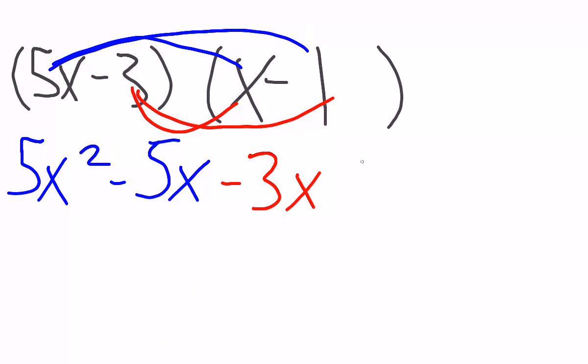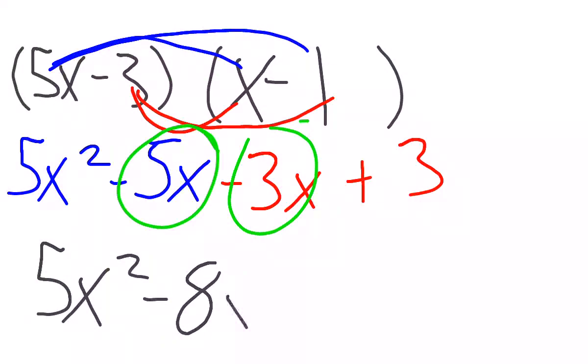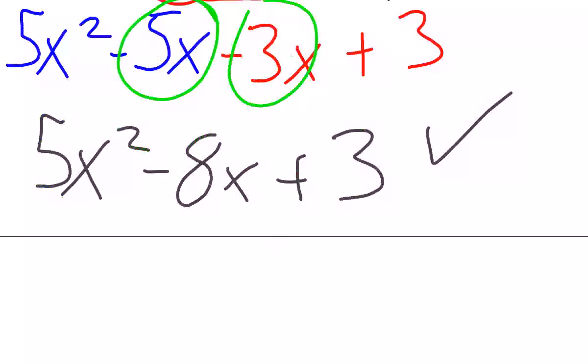So now we got minus 3x plus 3. Let's go, what's next? Like terms together. So that's these guys. And so we'll just put everything together. So we have 5x squared minus 8x plus 3. And that's the answer we got at the start.